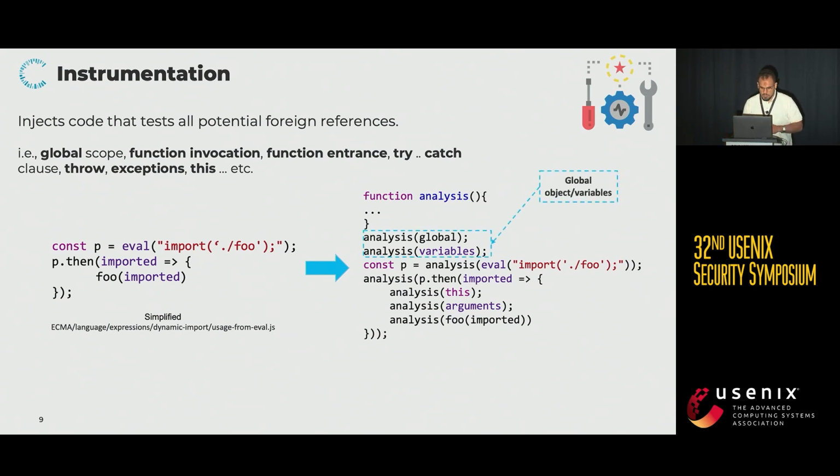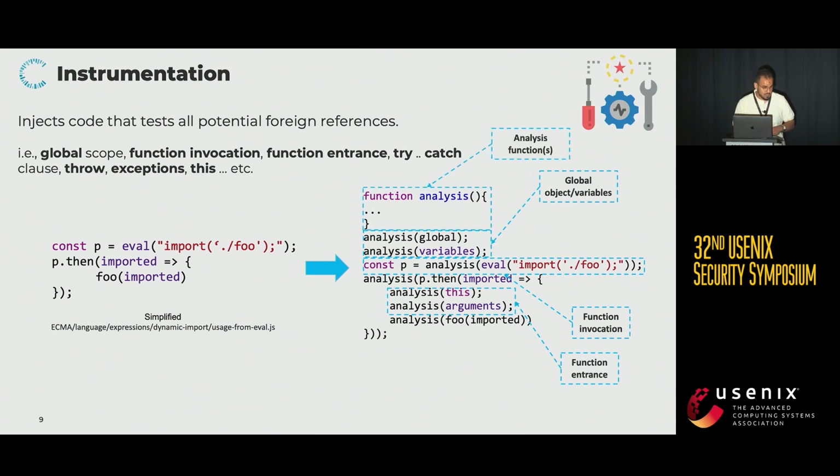For example, we start from the global object and global variables. It can also test function invocations and function entrances. To guarantee there is no communication between the main program and the sandbox through our analysis, we add our analysis on top of the seed program.